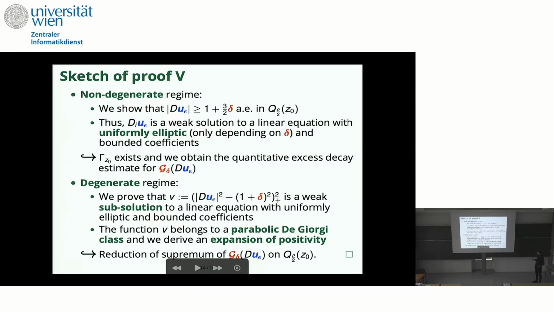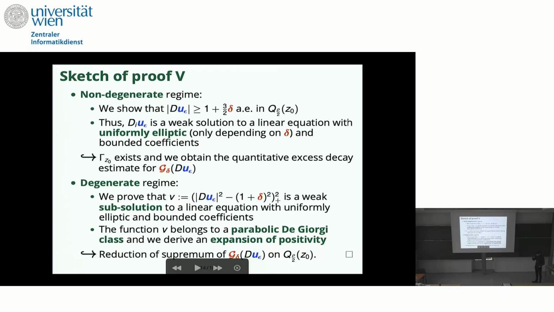So what we can prove is that this function denoted by v, which again somehow measures the distance to the ball with radius 1 plus delta, now with the scaling of the equation inherent, is a weak subsolution to a linear equation with, again, uniformly elliptic and bounded coefficients. And then due to the fact that we have a subsolution, we cannot proceed as before.